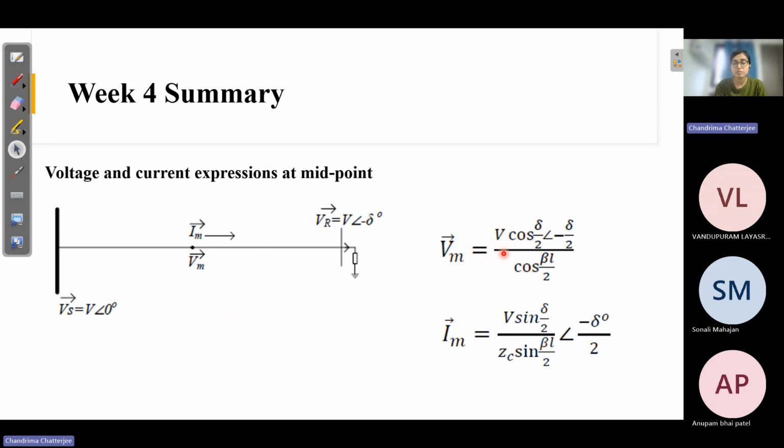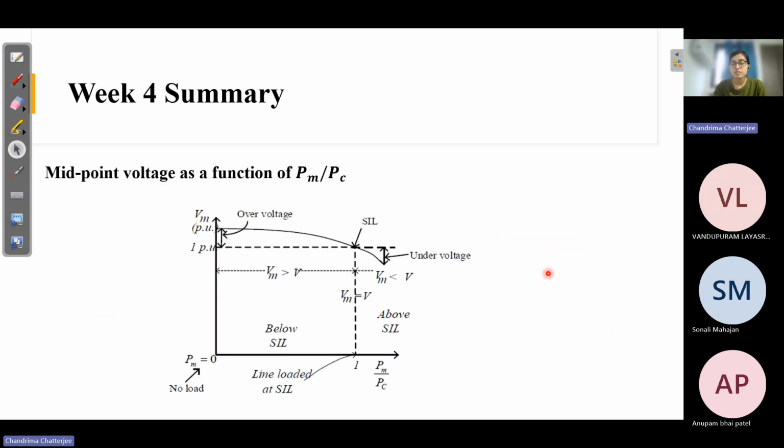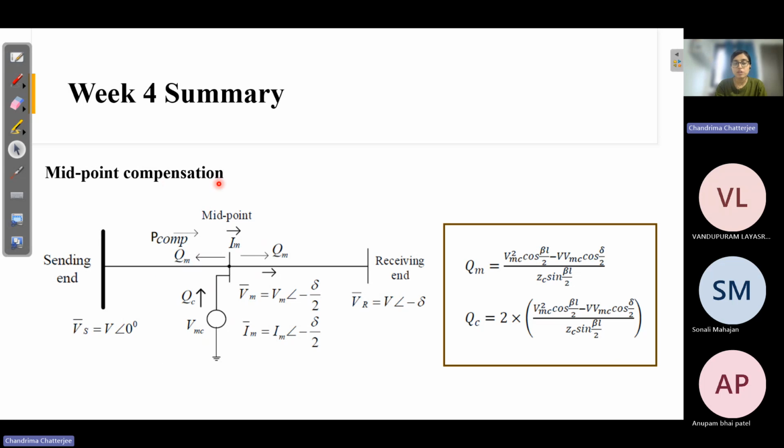The midpoint voltage will be greater than 1, right? That's why sometimes this voltage becomes too high, and that is not at all desirable because the line insulation is designed for a particular voltage. If there is over voltage, a breakdown may happen. So this is not desired at all. That's why we need to do midpoint compensation.